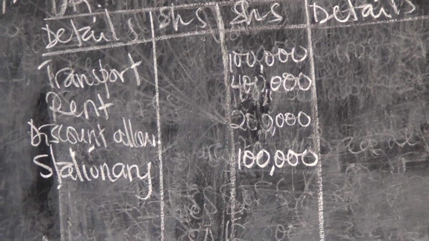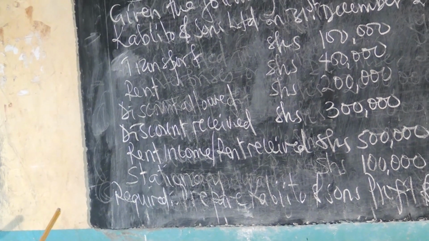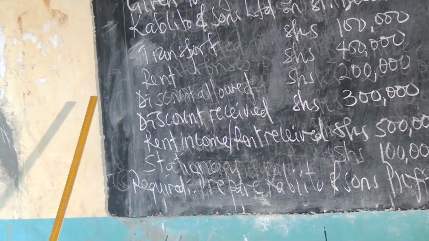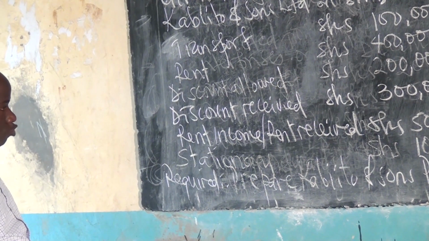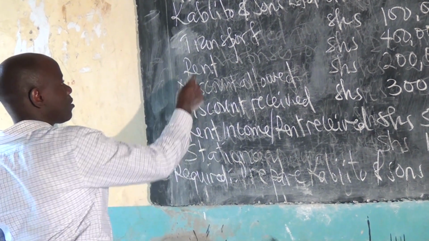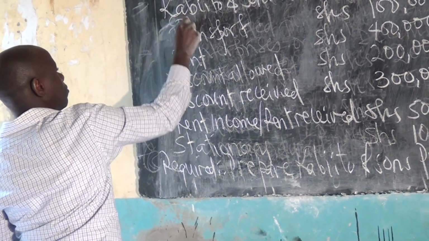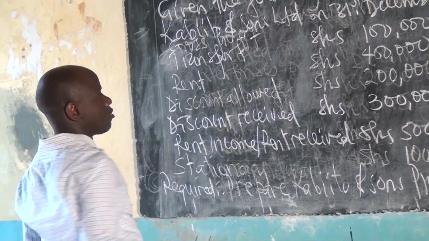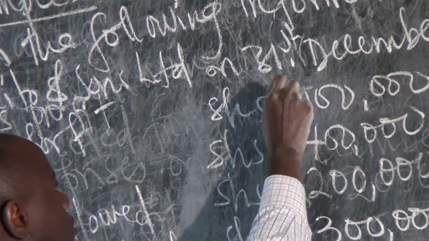The other side is for incomes. Yes, there is one item I did not give you here. It is gross profit. Gross profit was supposed to be given. Gross profit, 1 million shillings.